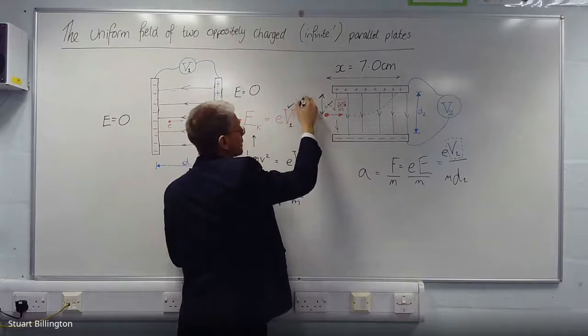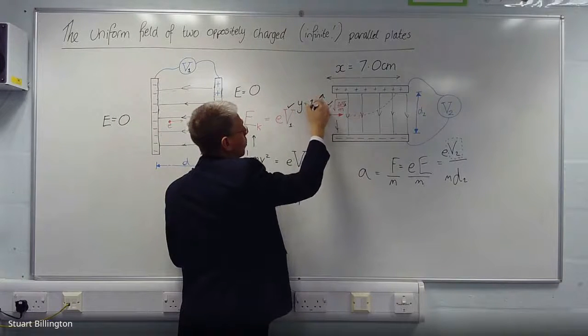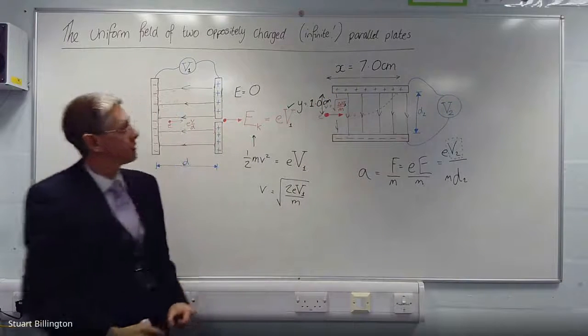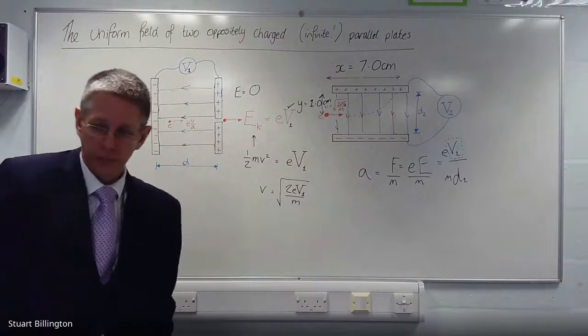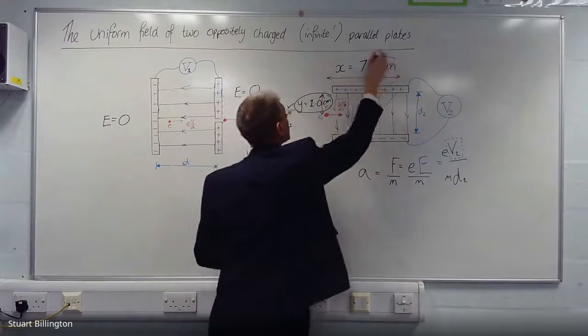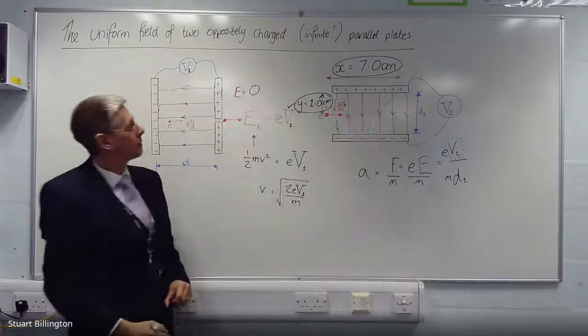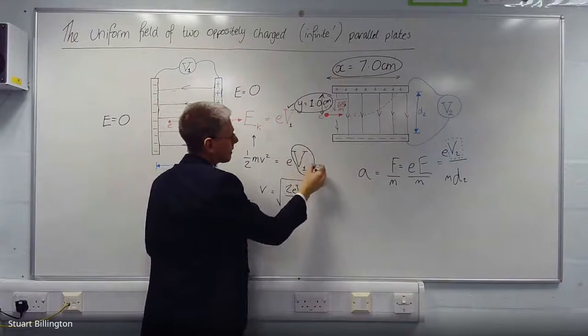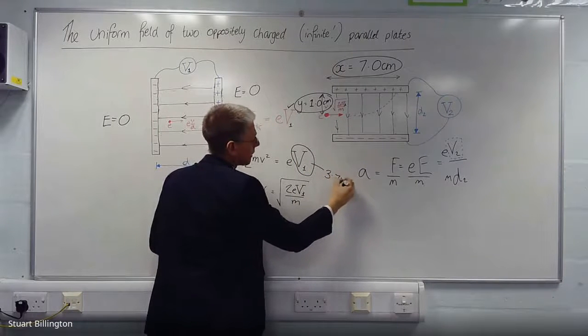The vertical change in height is 1 centimeter. There's one of your numbers. There's the other number. This potential difference here is 3.7 kilovolts.